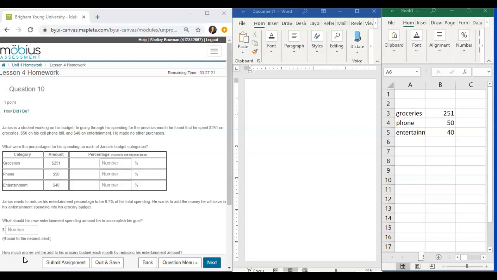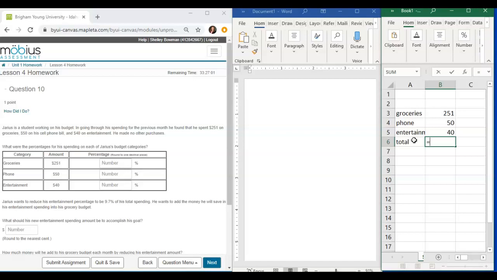So I've taken the information from Mobius and typed it over here so we have the amounts, and it's just asking for the percent. For the percent of a total or of a whole, we need to find the total first. So the first thing I'm going to do is find the total that he spent.